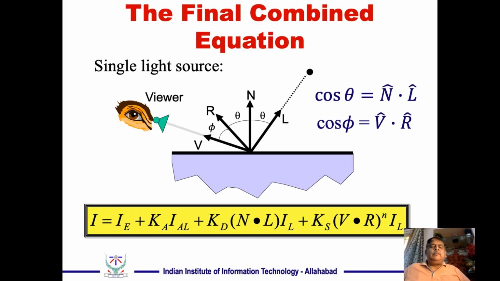Then I have the fourth term, the specular term, in which the direction of light as well as the direction of viewing is important, where you see I have a Ks term multiplied by V dot R to the power n, V being the direction of the camera and R being the direction of the reflected beam, times the IL. Please note that the third term and the fourth term have the same IL because the light source in the third term is the same light source in the fourth term.